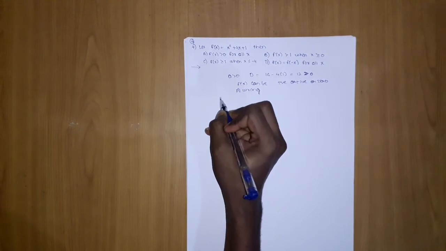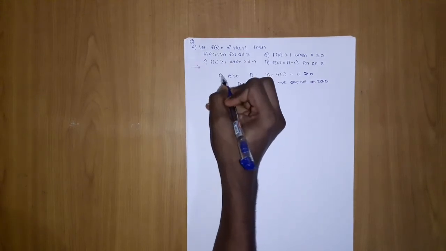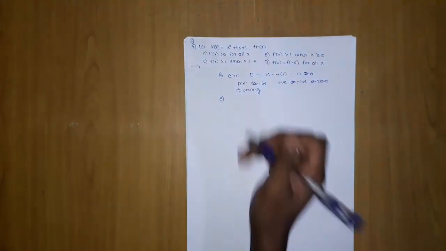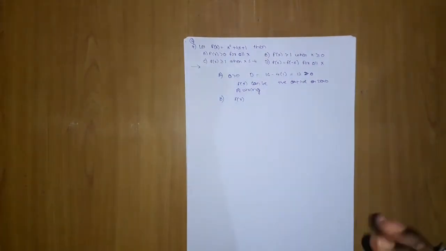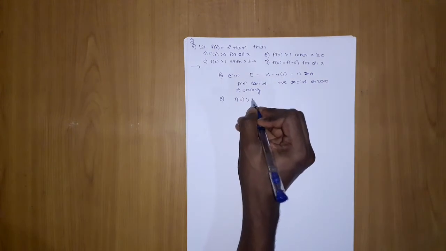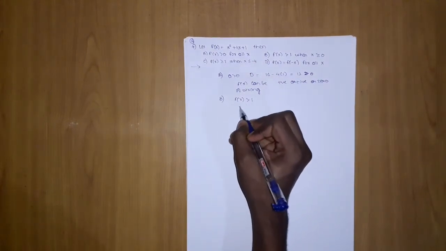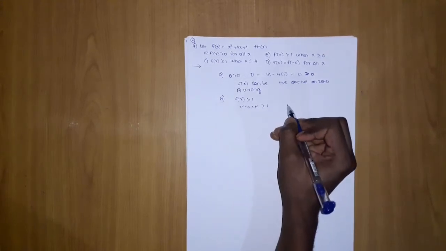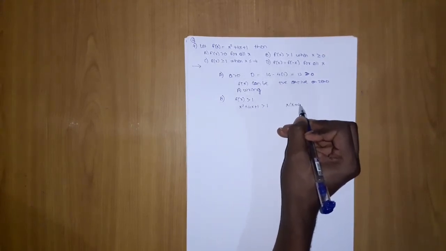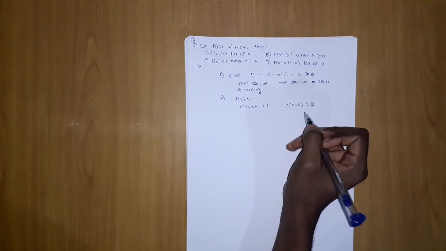Let's check option B. We were checking A here. Now it is telling f of x greater than 1 when x is greater than or equal to 0. So let's just apply it, and here x square plus 4x plus 1 greater than 1, and x into x plus 4 greater than 0.